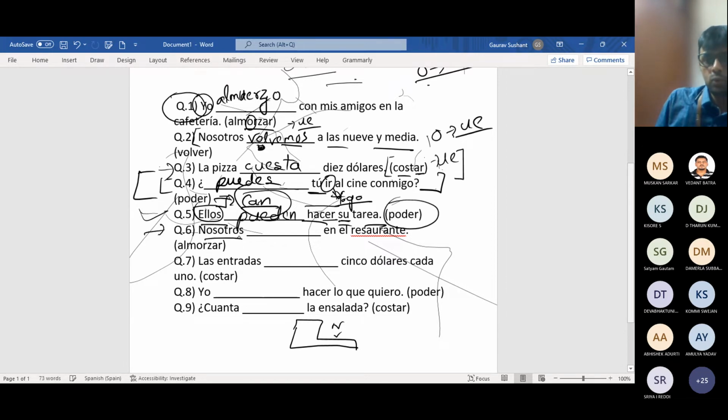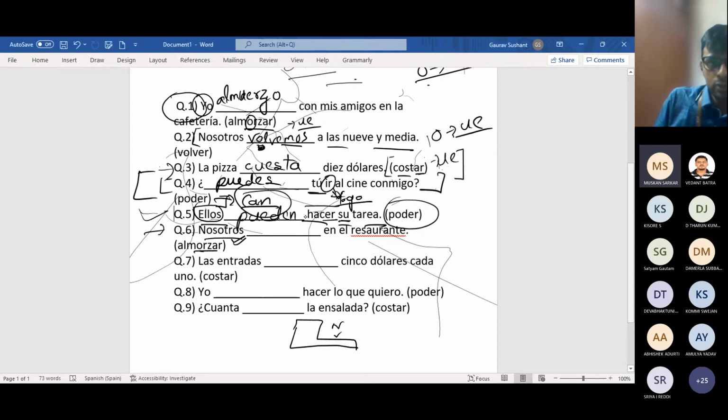Number 6, it is nosotros en el restaurante. Again, the verb is almorzar. So, according to the boot rule, you have to see how the conjugation will happen. So, let me ask Muskan, can you tell me? Yes, so nosotros almorzamos en el restaurante.